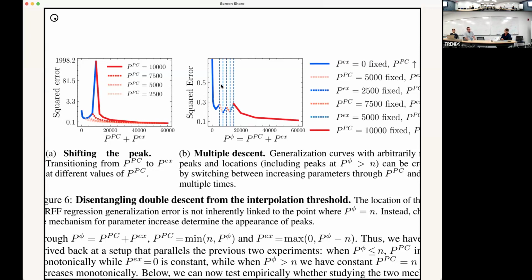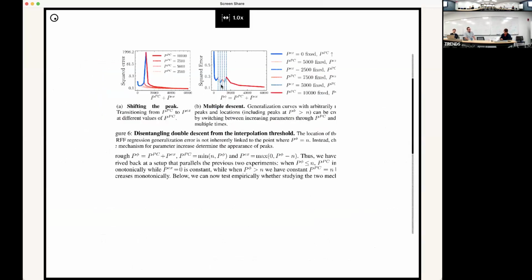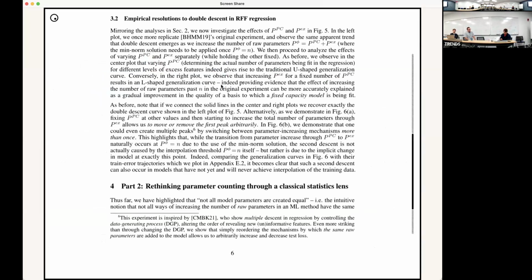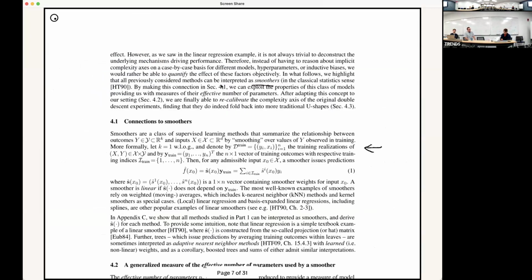And they define what a smoother is. Okay, smoother, yeah. It is defined here.